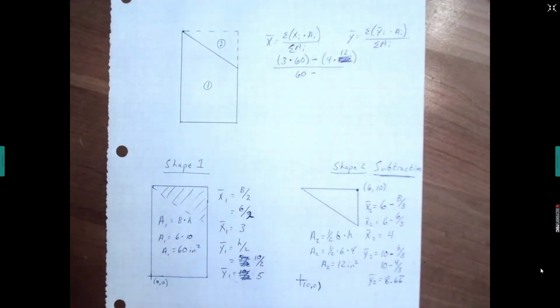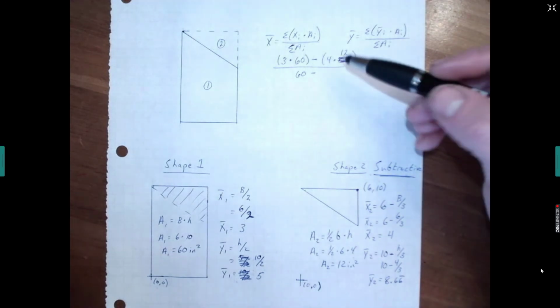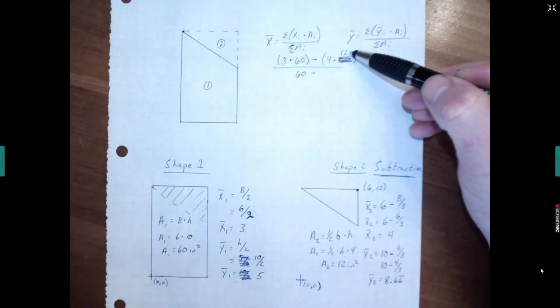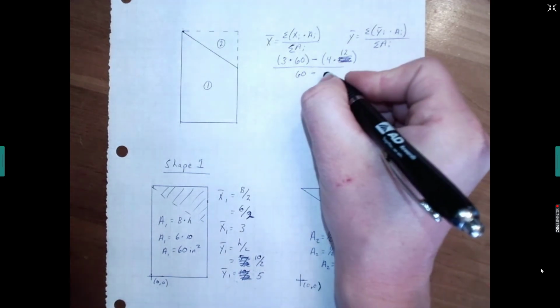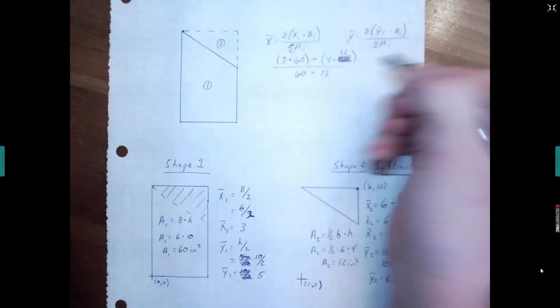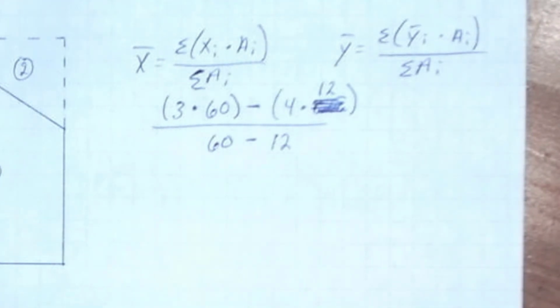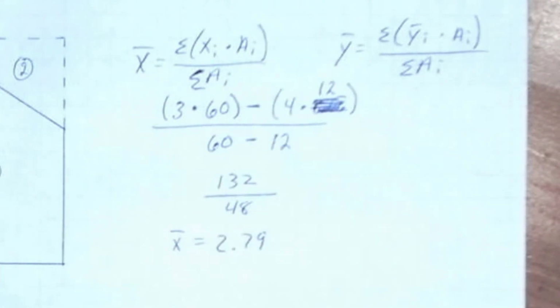So we're going to subtract the x bar of 4 times the area of 12 for shape 2, and then subtract the area of 12 for shape 2. Take a second here, do this on your calculator. Once you do that, you should end up with 132 divided by 48, or an x bar of 2.79.